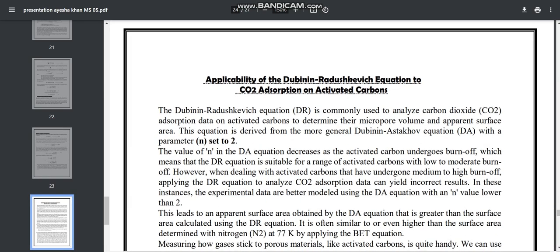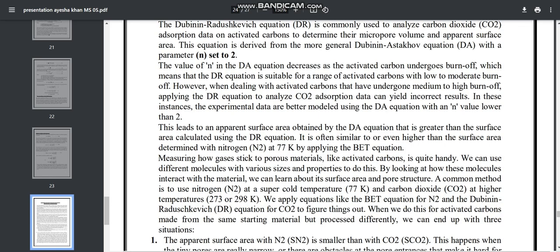The value of n decreases as the activated carbon undergoes burn-off, which makes the DR equation suitable for activated carbons with low to moderate burn-off.